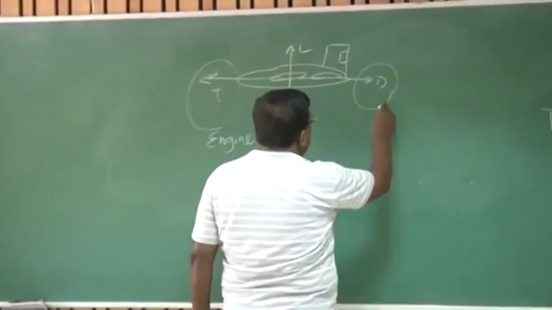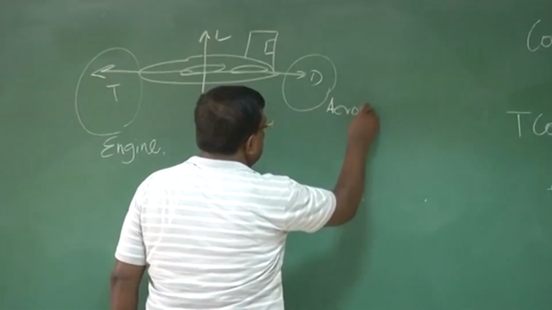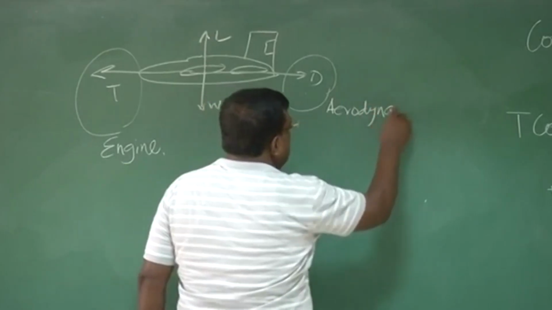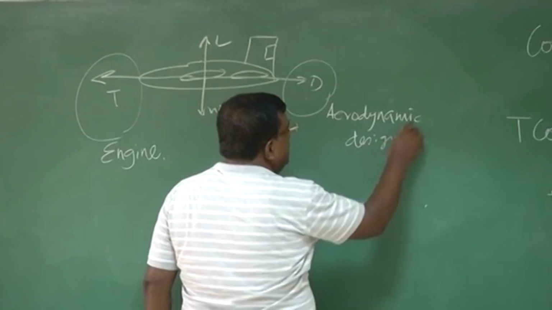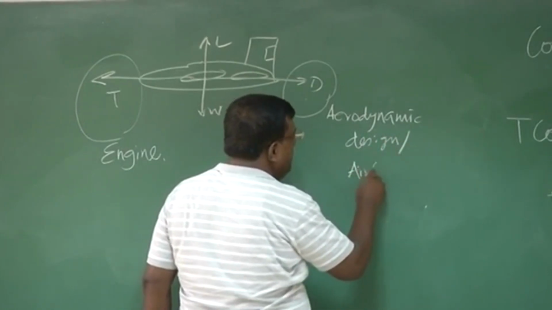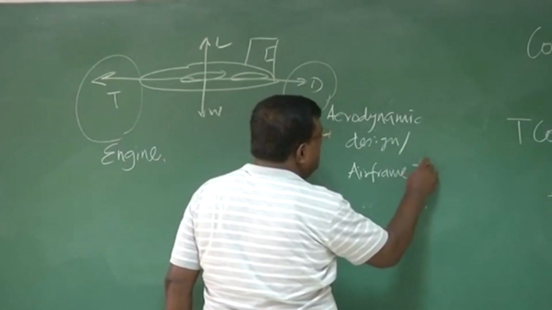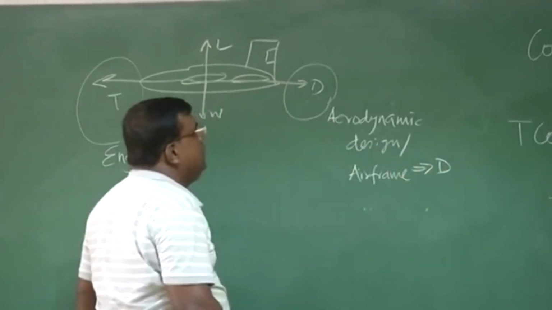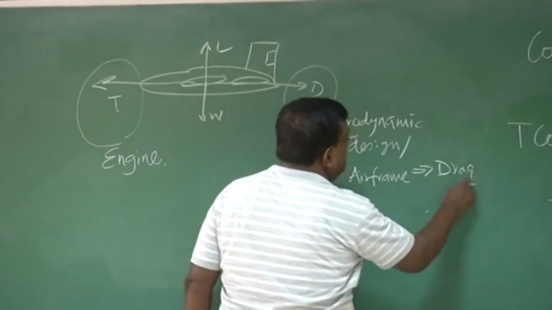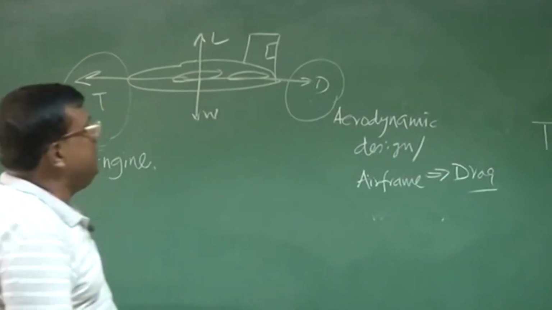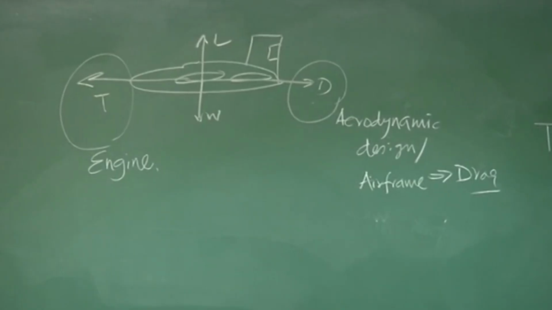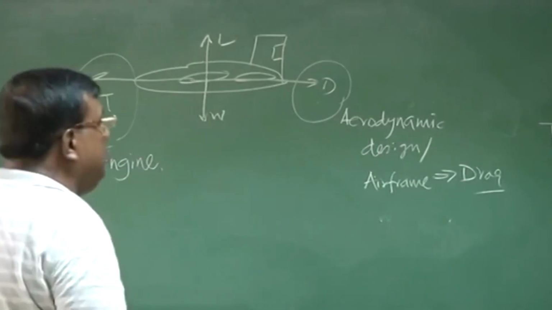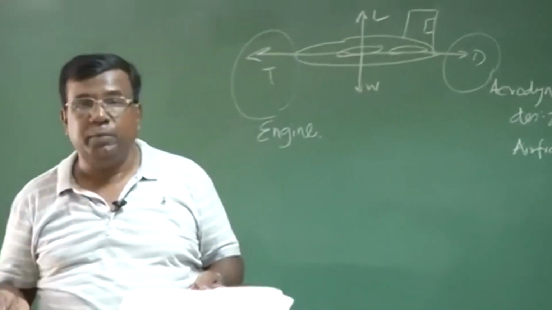So this is more governed by the aerodynamic design, the airframe design. They actually contribute to drag in the sense that if I make an efficient airframe, I can have low drag. If I make an airframe which is blunt, I'll have more drag for a given speed, right?